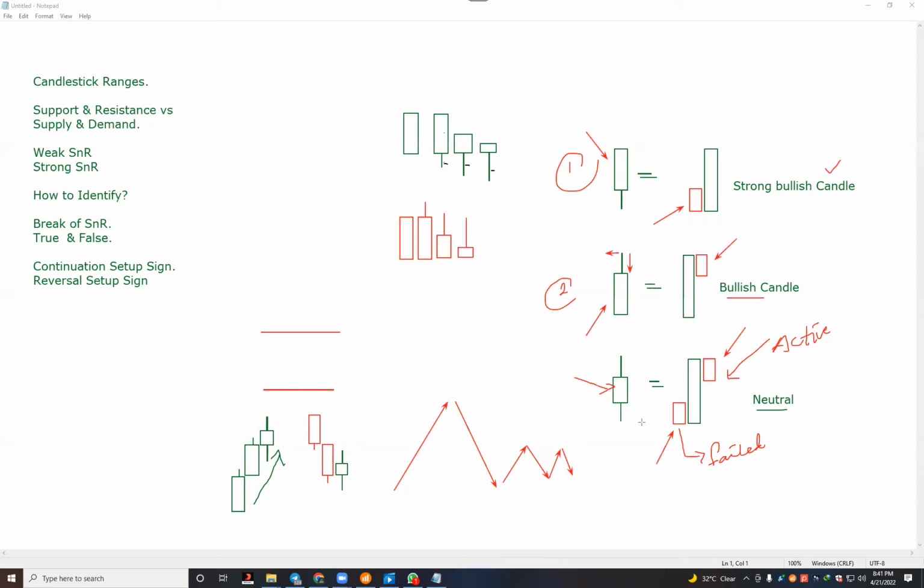This is a weak candle. Weak bias. And here we will say neutral bias. So these biases are neutral and these biases are weak.